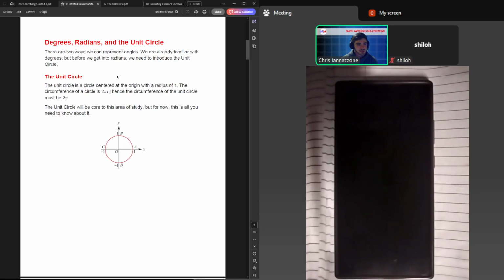And when you consider that the unit circle is defined as a circle that has a radius of 1, then it follows that the circumference of that unit circle is therefore going to be 2 pi times 1, or just, of course, 2 pi. So in that way, what we have is a way of representing the angles around the unit circle with respect to how much of the circumference has been covered.